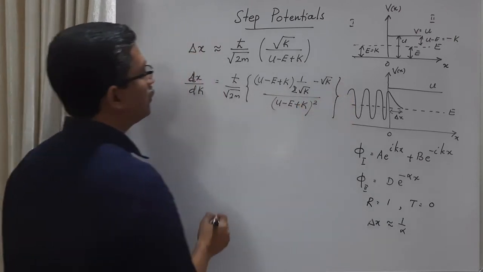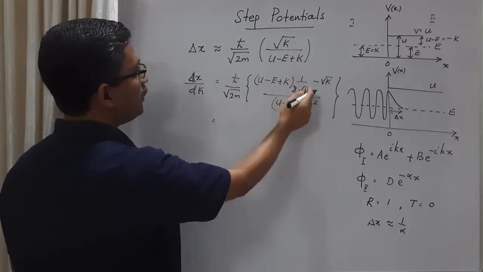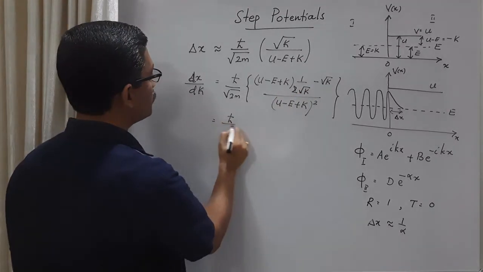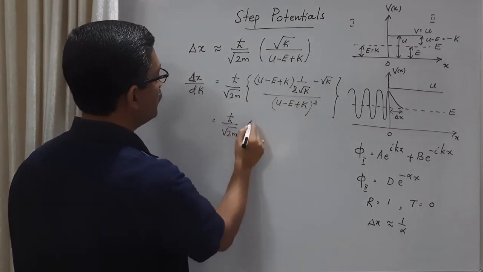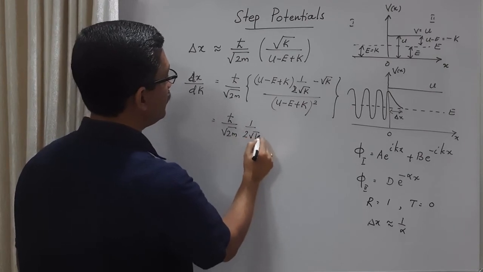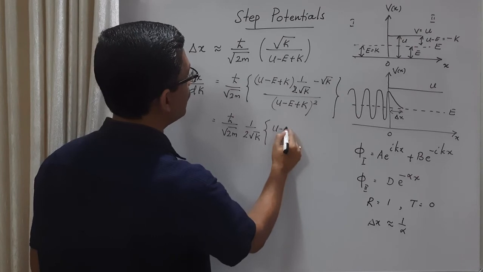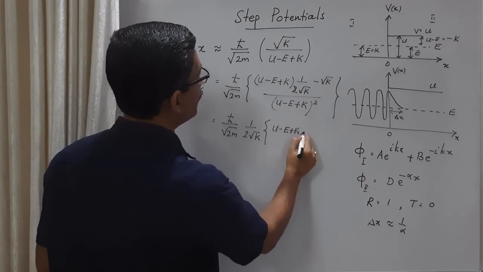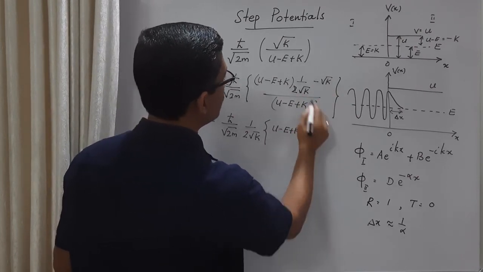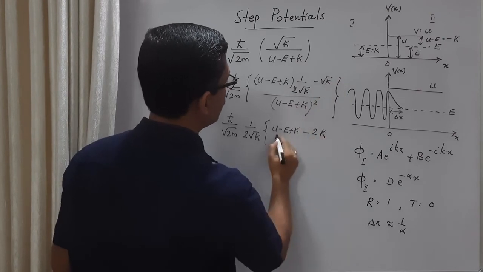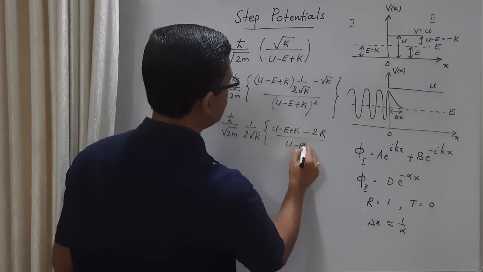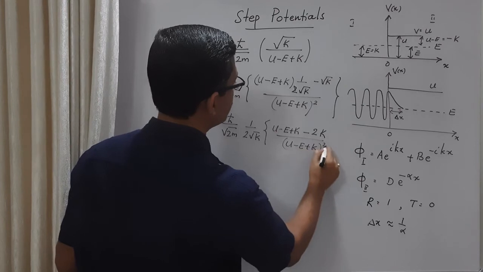So let us take this 1 by 2 root k outside. So we have h cross by root 2m, 1 by 2 root k. In the brackets we have u minus e plus k minus 2 times root k into root k, which is k, divided by u minus e plus k whole square.